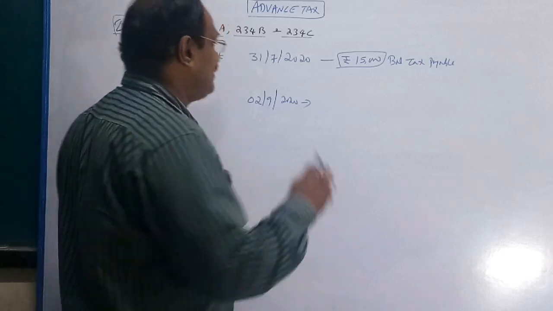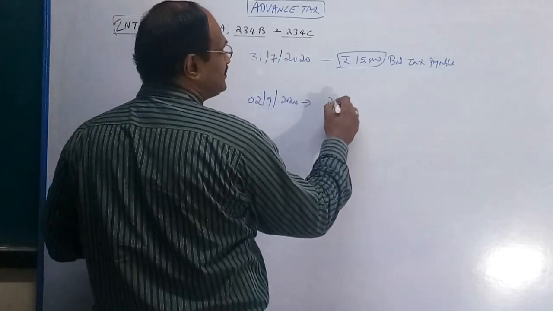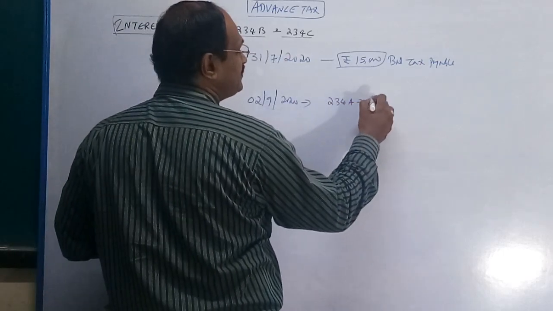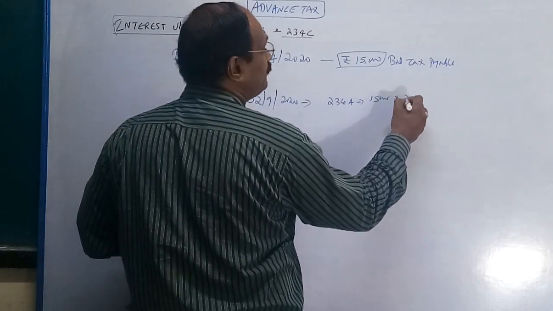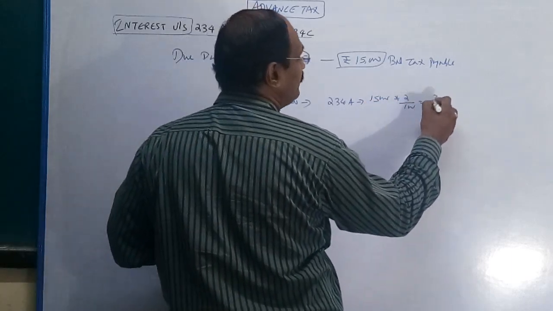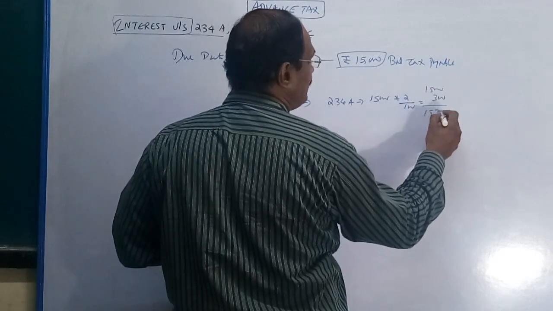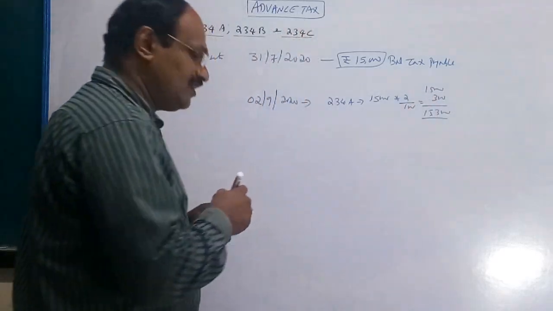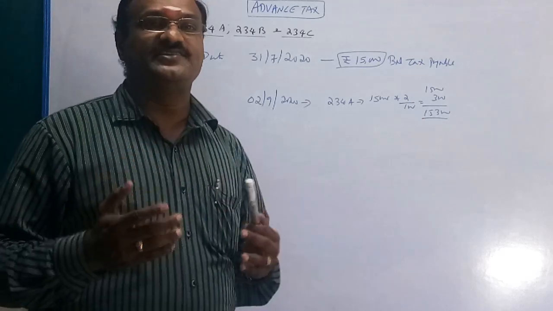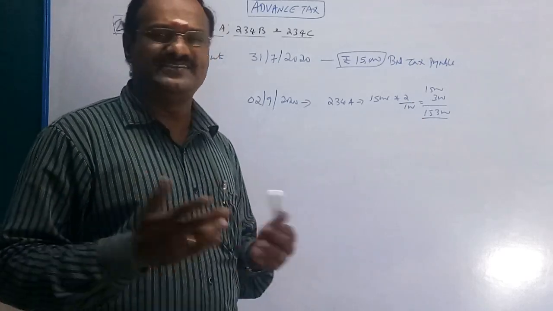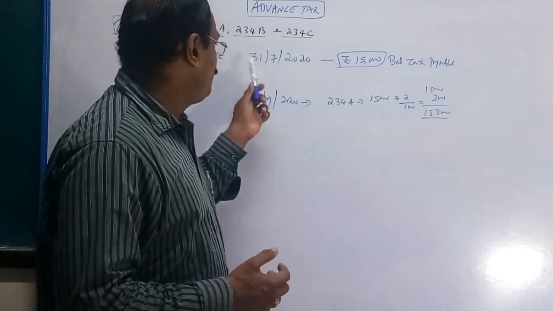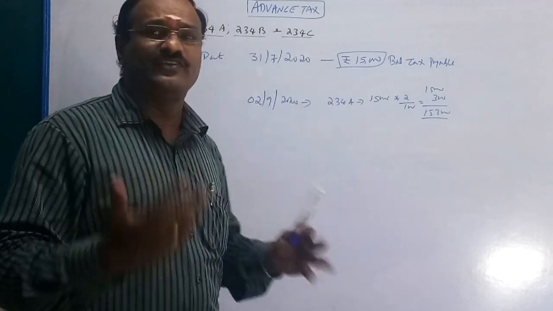So in this case, the interest payable under section 234A is 15,000 into 2 by 100, 300. So total tax liability 15,000 plus 300, 15,300. Why, sir? Since return is not filed before due date. Very simple logic. See, before 31st July, it is a loss of revenue.